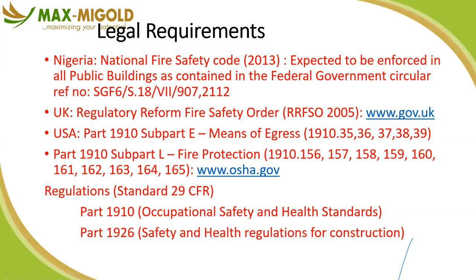We need to have a building that is safe for the occupants. All right. Annually, we're supposed to have what we call the fire safety certificate from the state fire service, saying that they have inspected our building and it is in compliance with the fire safety code or standard.